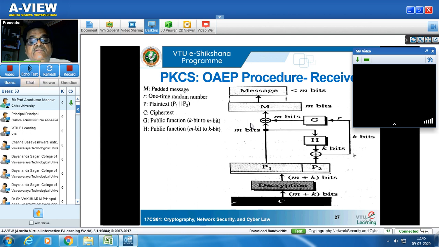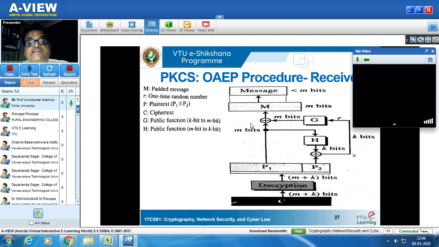Once the ciphertext C is coming at the receiver side, because of the PKCS standard, the decryption algorithm will know that the message that has come has P1 and P2. The first, P1, is actually padded information, which is not required. It has been provided only to give additional security. The second, P2, is the original message which we have to recover.